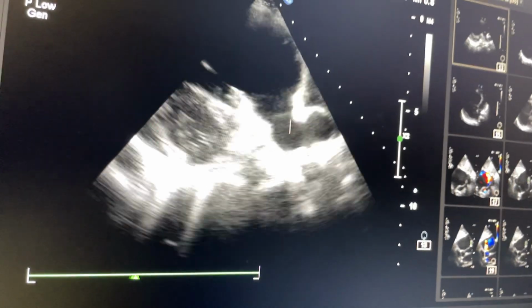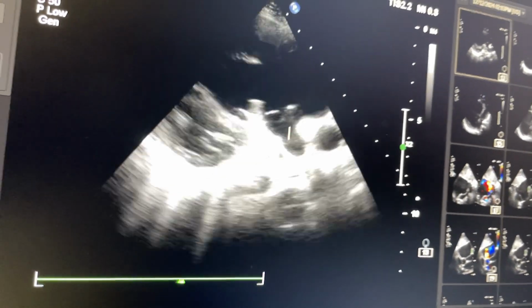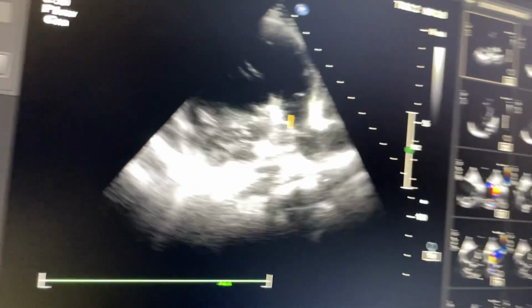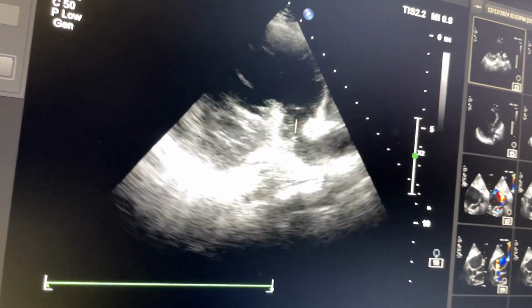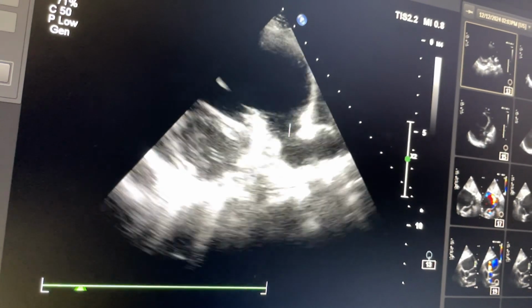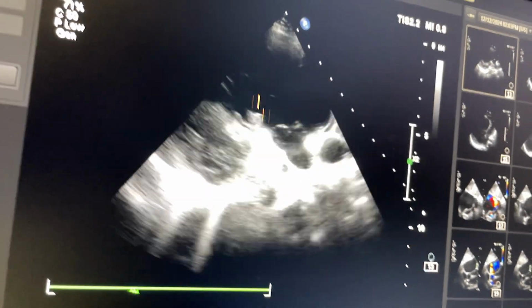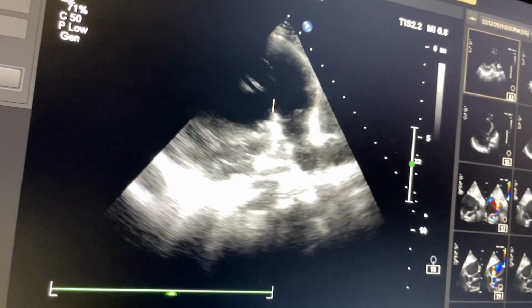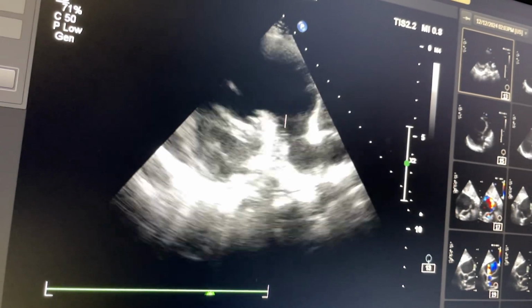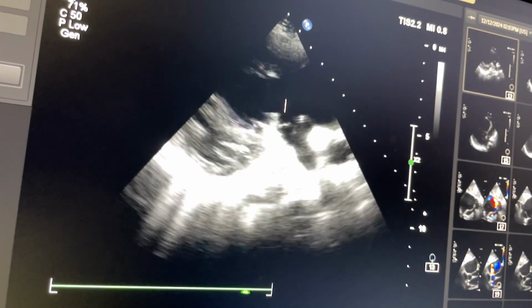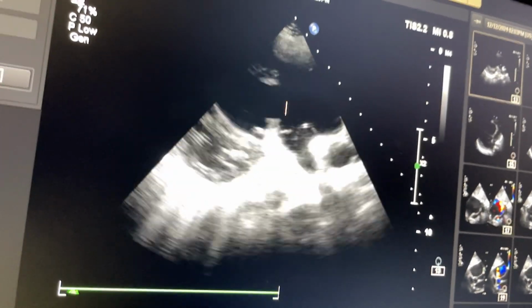So main pulmonary artery and pulmonary artery branches and pulmonary valve will be of normal size in most of the cases. That is the point to know. This is tricuspid valve. You can see the tricuspid valve is closer to pulmonary valve in the case of Ebstein's anomaly.